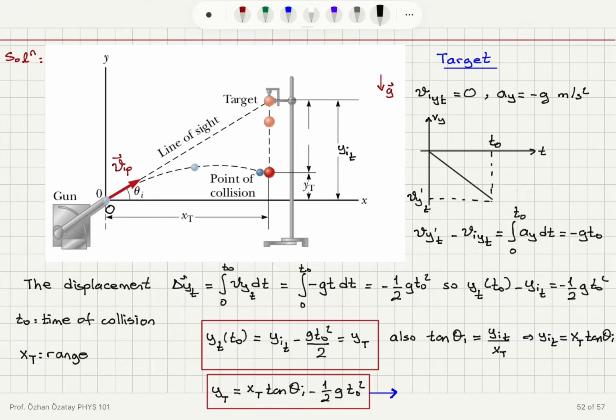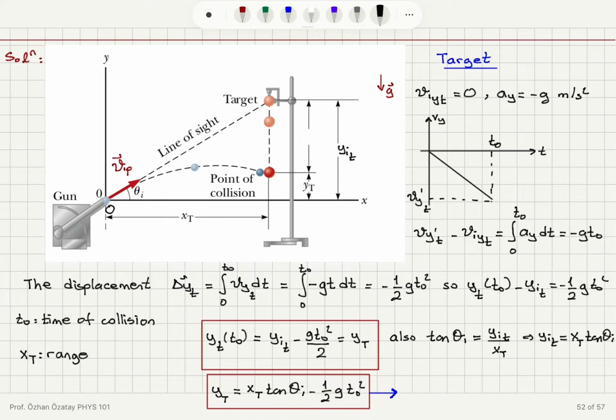And the change in the y position, the displacement, is the integral of vy of the target dt from 0 to t0, and we have the initial position yit minus 1/2 g t0 squared as the final target position.